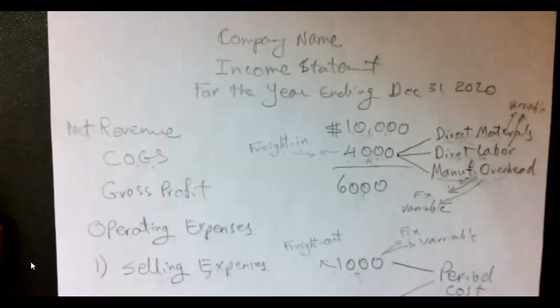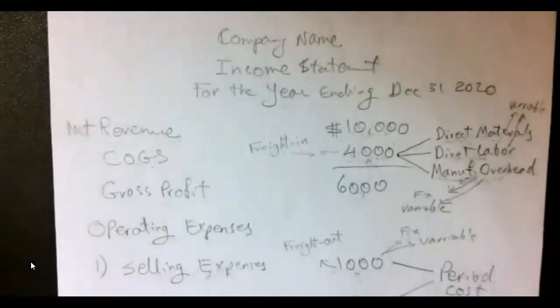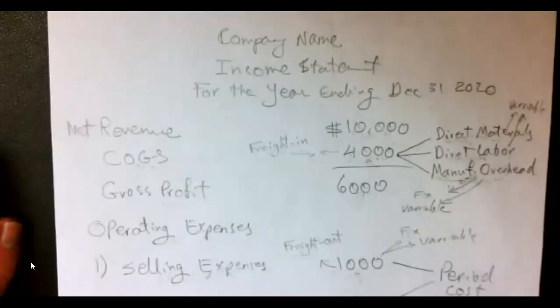If the cost of shipping is paid by sellers, then don't worry about it. You just don't have freight in. But the moment you pay for shipping, then that part of freight in will be added to the direct material cost.